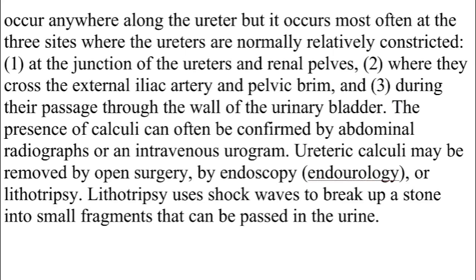One of such sites is the junction of the ureters and renal pelvis. The second site is where the ureters cross the external iliac artery at the pelvic brim. And the third site is the extent where you have the ureters passing through the wall of the urinary bladder.